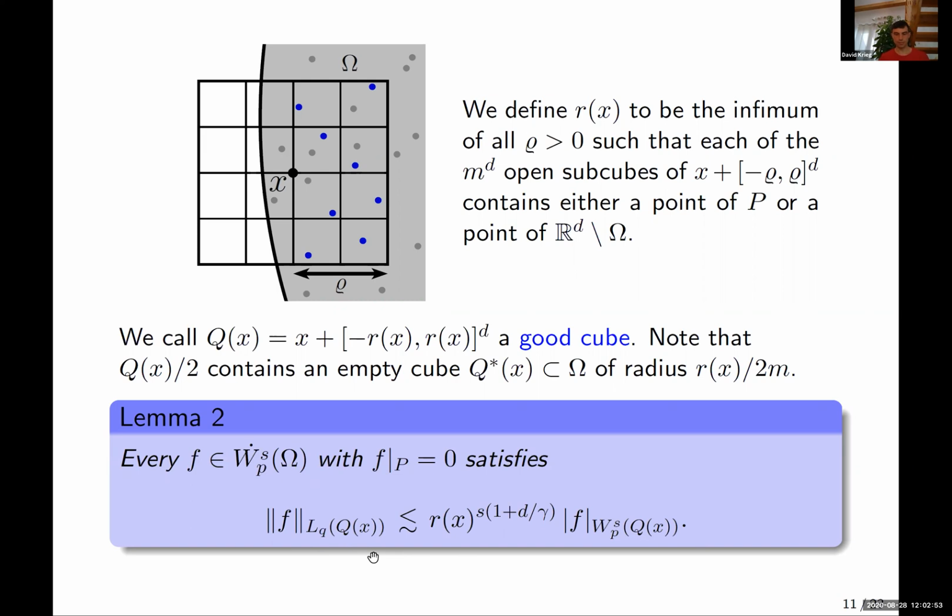Yes. And there's also a second property of the cube which we are going to use. So the R was the smallest possible value of such cubes.